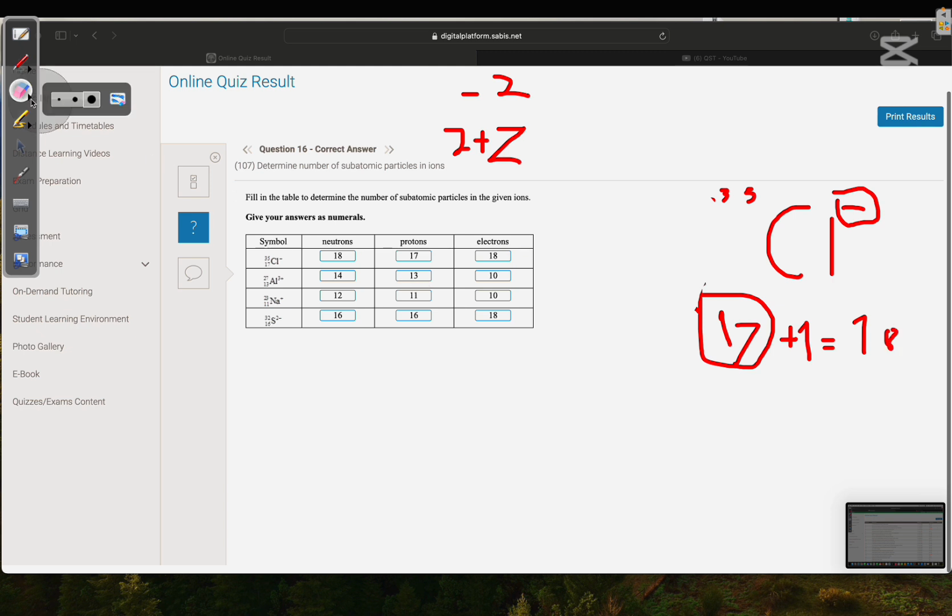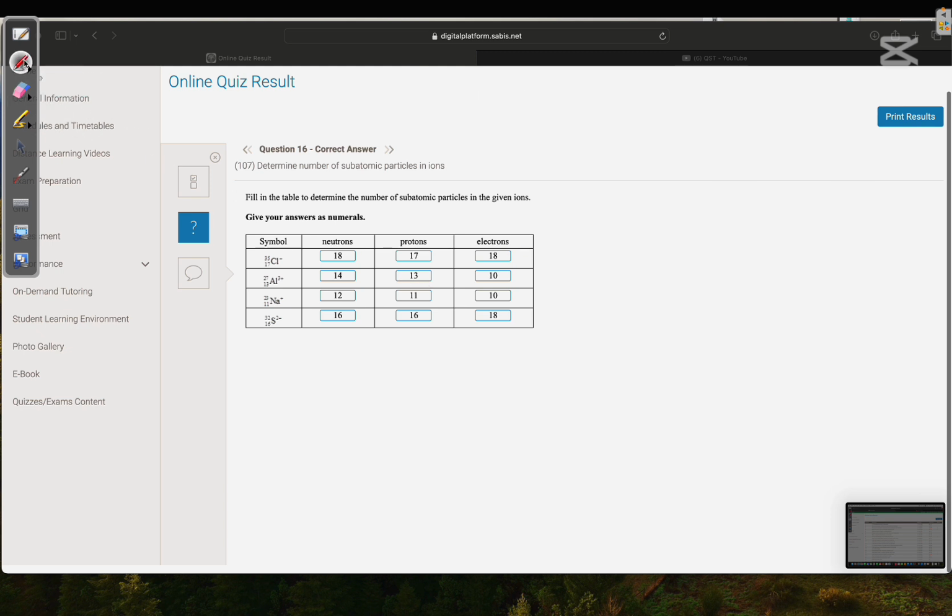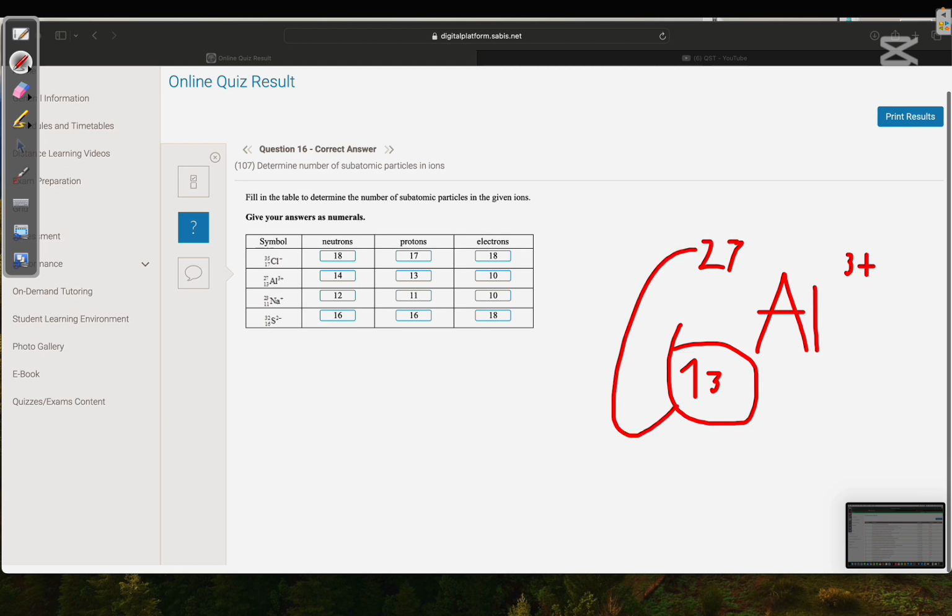Okay, so let's do aluminum. So Al 3 plus, 13, 27. As I said, the number of protons is at the bottom. The number of neutrons is the mass number minus the atomic number, which is 14.